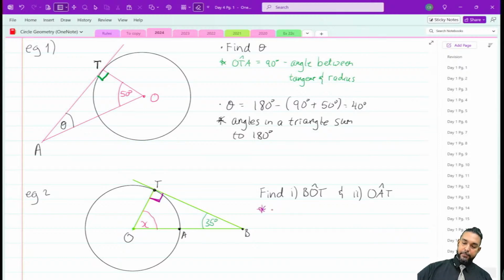So you could say OTB, starting at O, going to T and going to B. Or you could say BTO. The middle letter is usually the angle. So OTB is equal to 90 degrees. And I could say this is because the angle between tangent and radius.